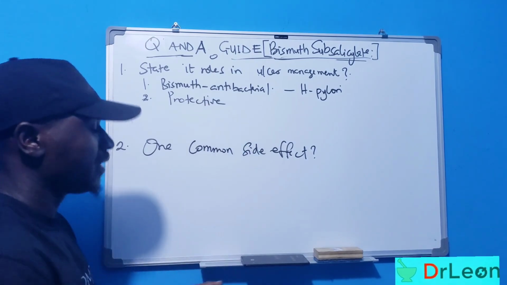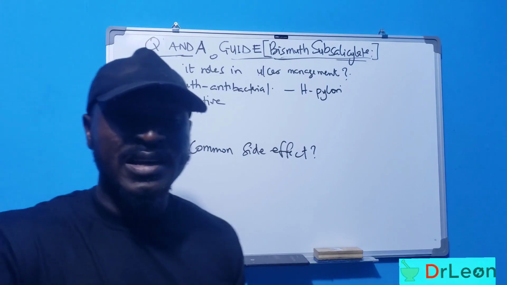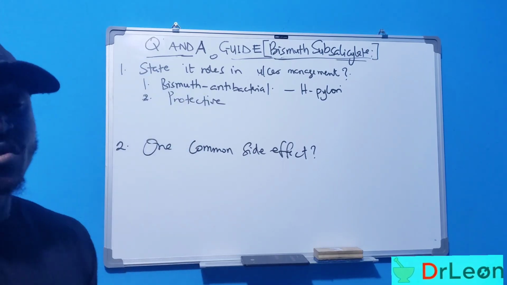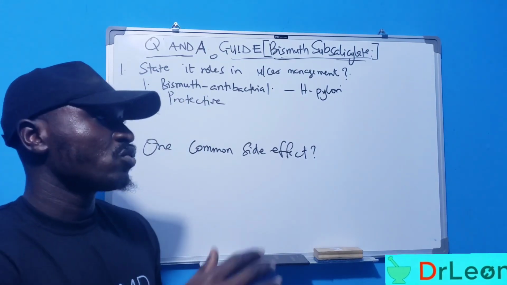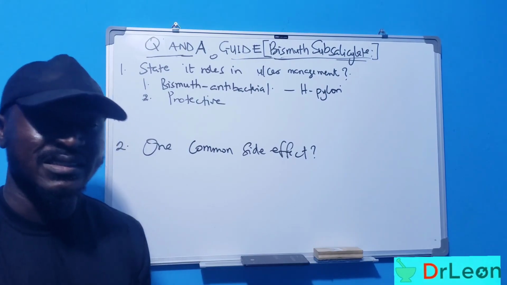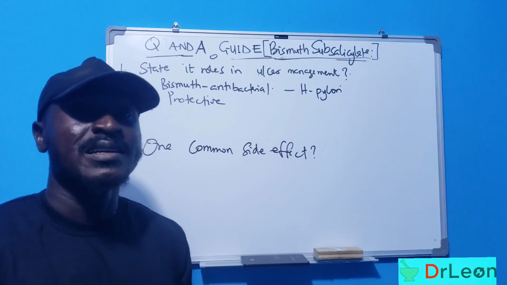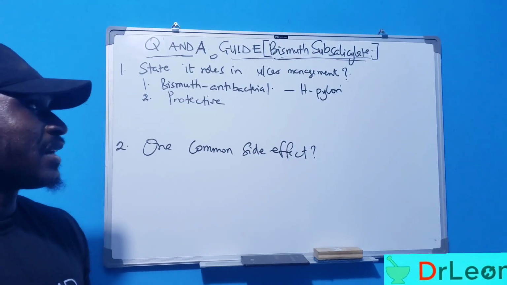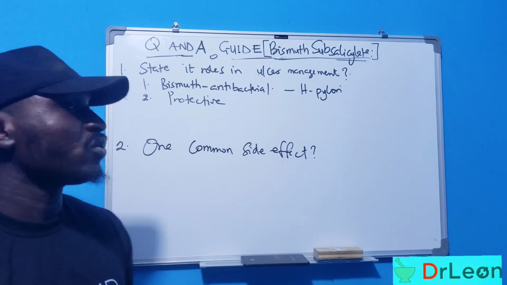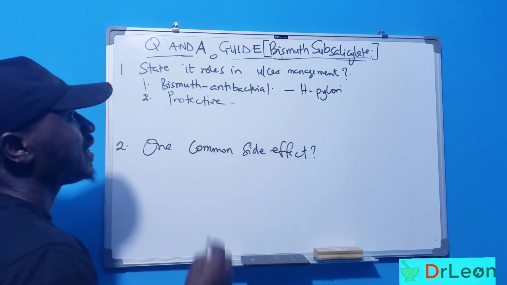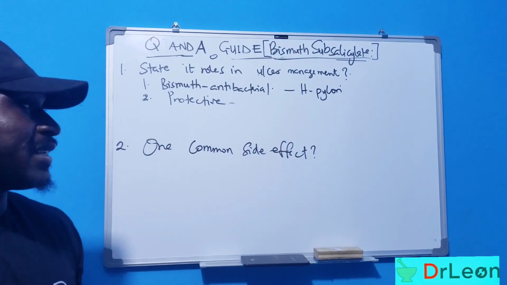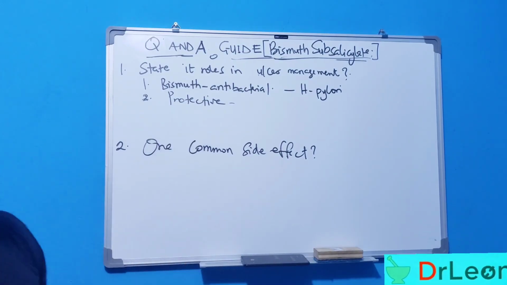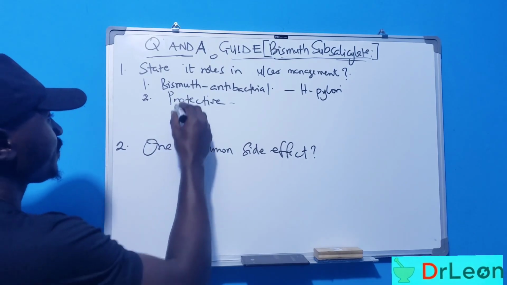Just like the Sucralfate, they also form a protective layer over the stomach mucosa to prevent the stomach acid, pepsin, and other aggressive factors like bile salts from attacking the stomach mucosa. So the other way of ulcer management is by being a protective.